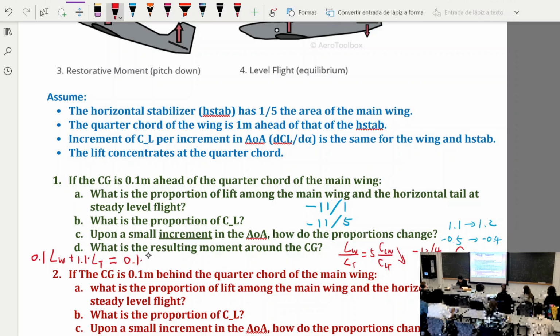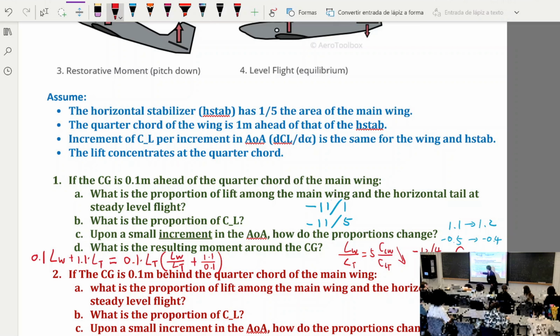0.1 times the lift on the tail. The first part is going to be multiplied by lift on the wing over lift on the tail. The second part is going to be plus 1.1 over 0.1, right? Okay, so the ratio initially, as you see, is minus 11.